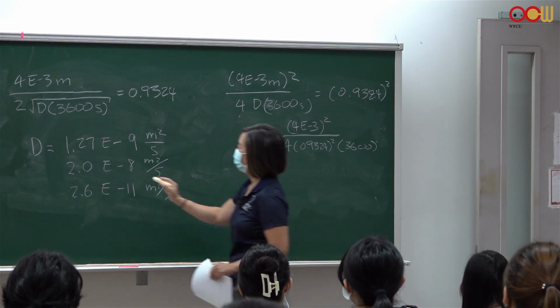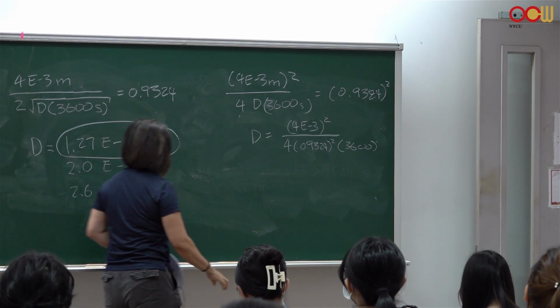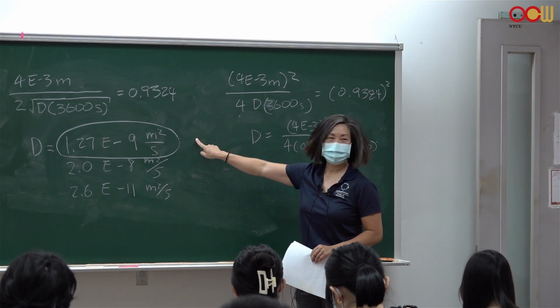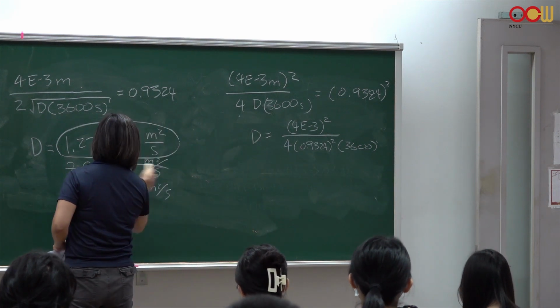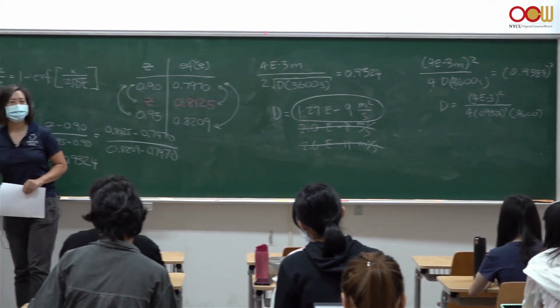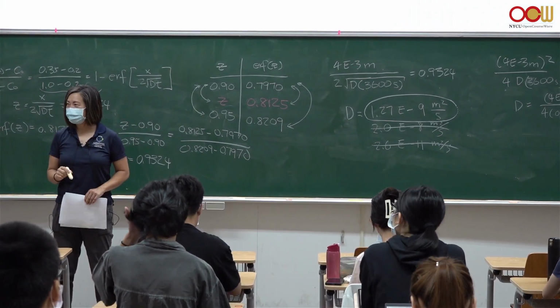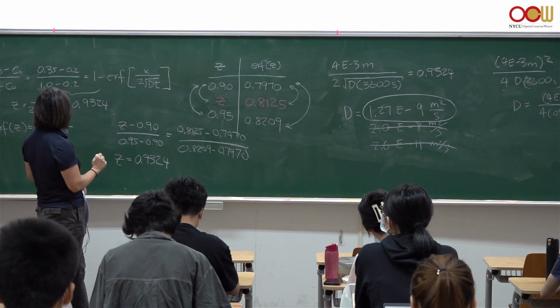All right. Perfect. Okay. All right, so that's the diffusion coefficient for carbon into iron at that particular system, okay?